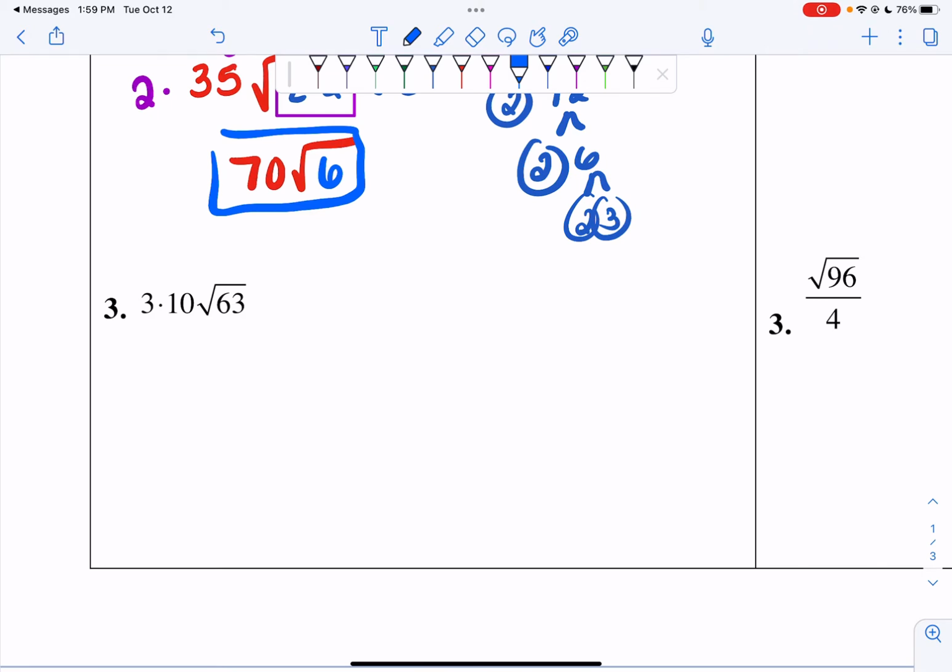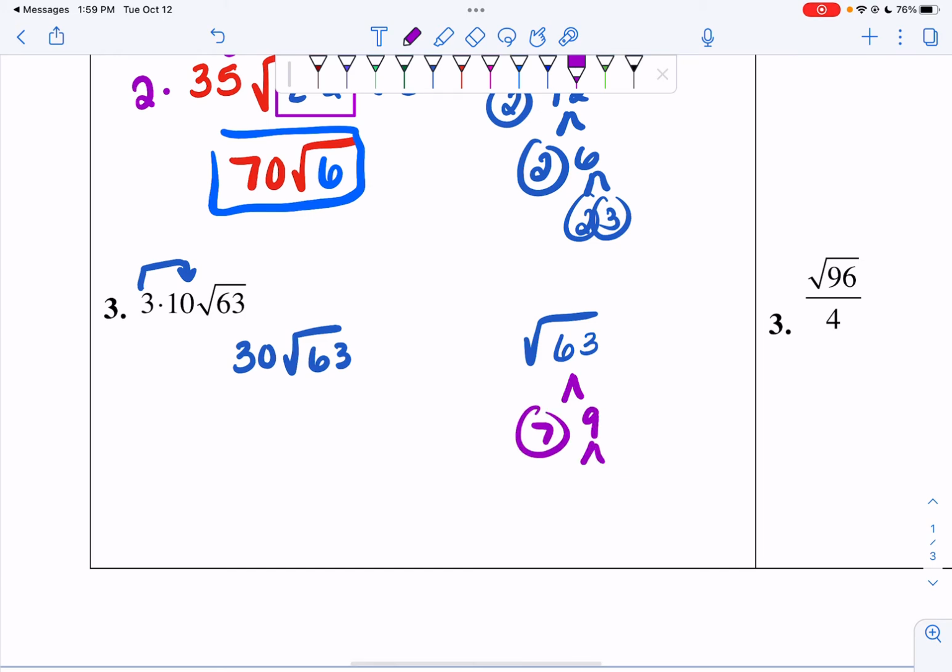Now for question number 3, I have 3 times 10 radical 63. So I simply do 3 times 10, which is 30. So I have 30 radical 63. Now I need to break apart my 63. What makes 63? 9 and 7. Can't break apart a 7, but I can break apart a 9 to be 3 and 3.